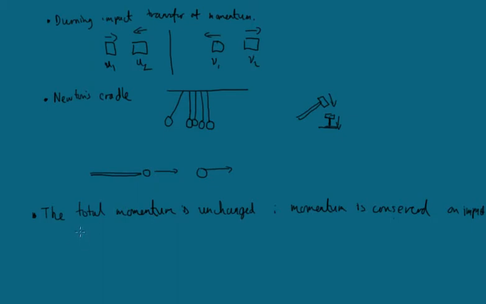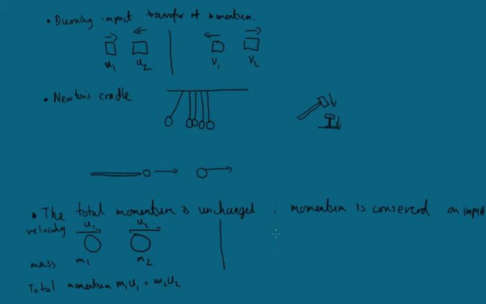So when we've got some ball here with velocity u1, and then another ball here with velocity u2, and then the masses, obviously the mass will be unchanged for each object. The total momentum is m1 u1 plus m2 u2.